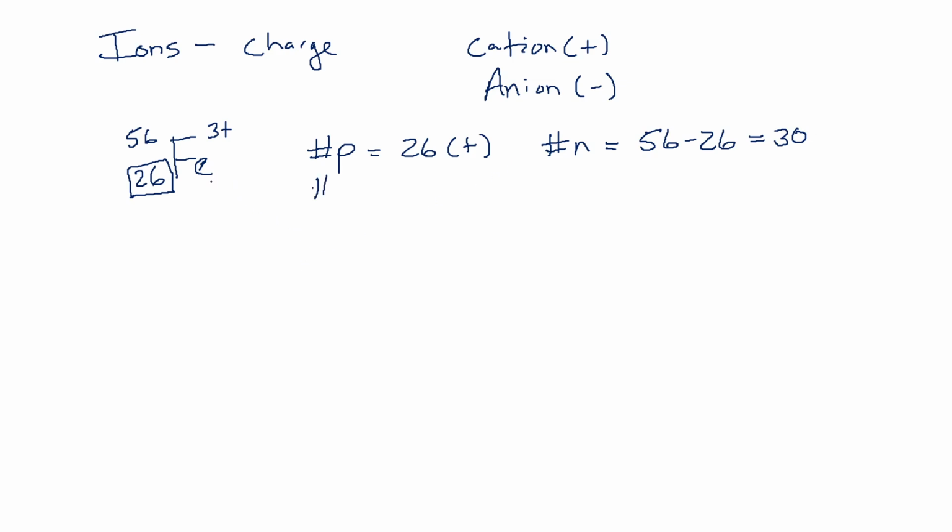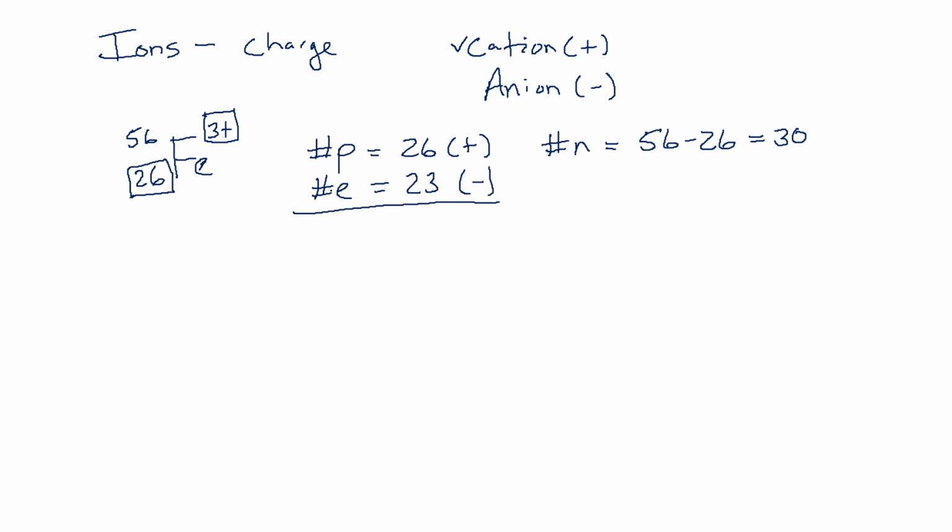Now we come to our electrons. In this case, we do have a +3 charge, and that means we're dealing with a cation. So in this particular case, it will actually have 23 electrons.